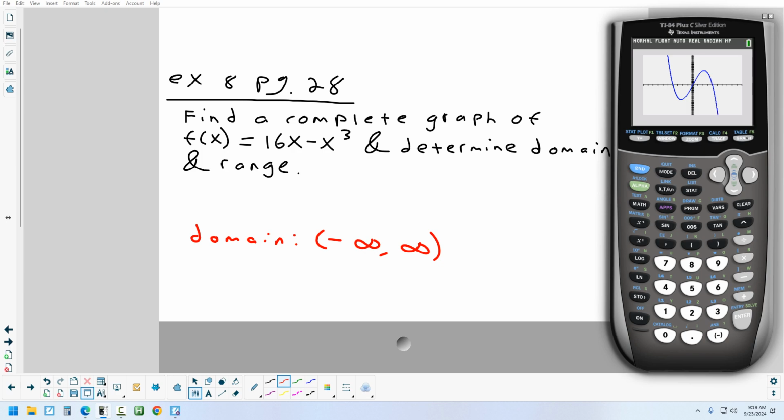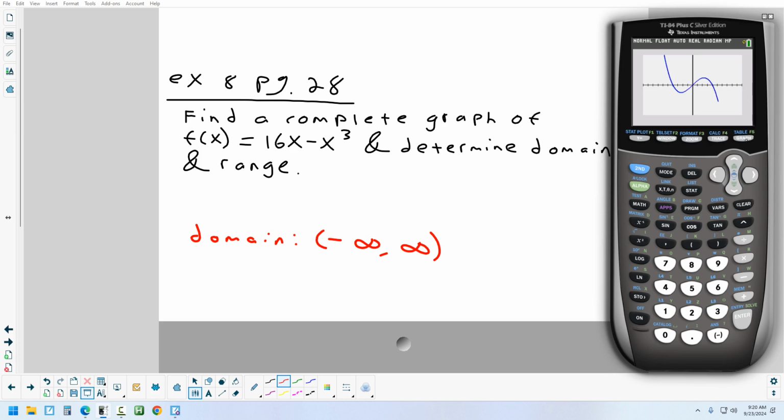Okay, so I can see where it turns, but does the graph go past where it turns, as far as up and down? Yeah, it's definitely going past it. How high do you think it's going to go? Yeah, you could zoom out more, like negative 100 to 100. It's going to look a little more squished because I'm zooming out more.